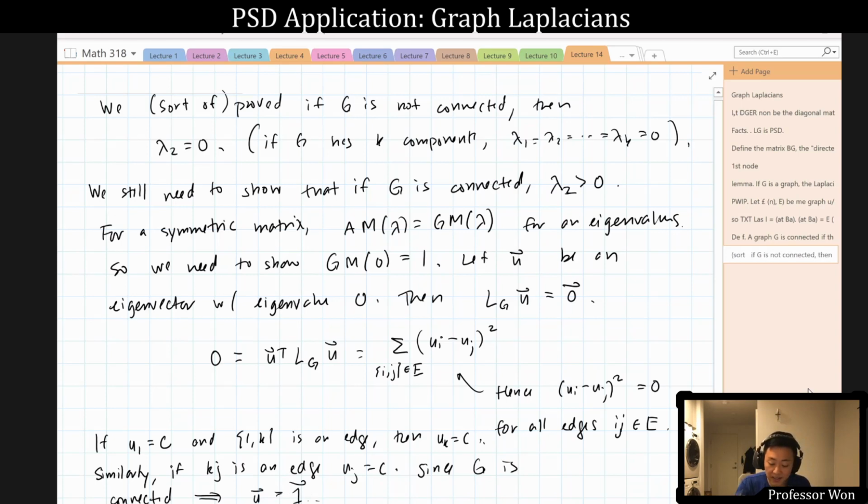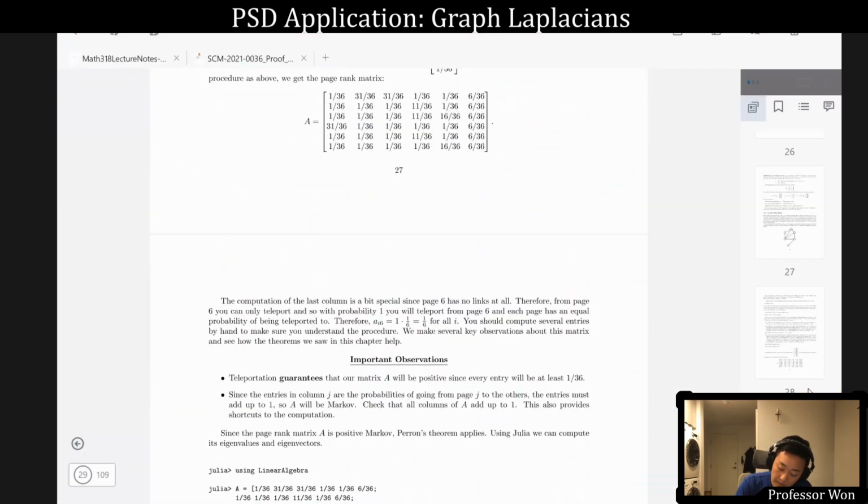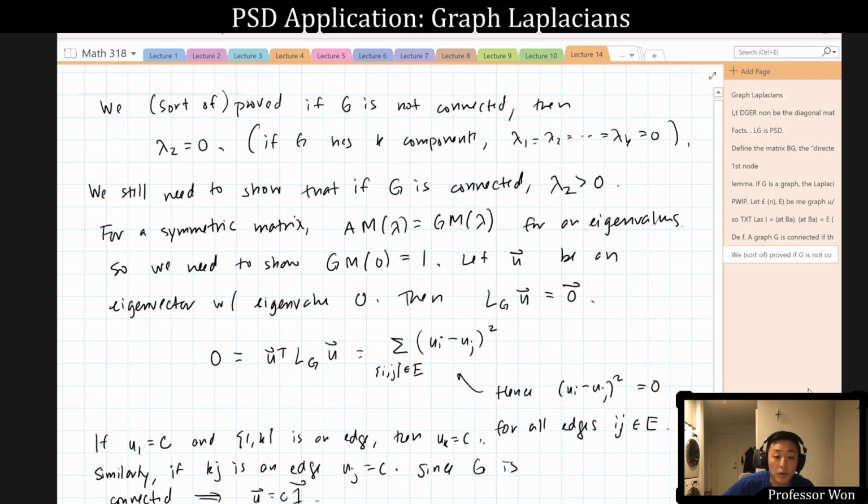Sorry, it's C times the all ones vector. It could be a scalar multiple. What does that mean? That means that I have a one-dimensional space of eigenvectors. Every eigenvector is just a scalar multiple of the all ones vector. So this means that the algebraic multiplicity of the eigenvalue 0 is just 1, which is exactly what I wanted.